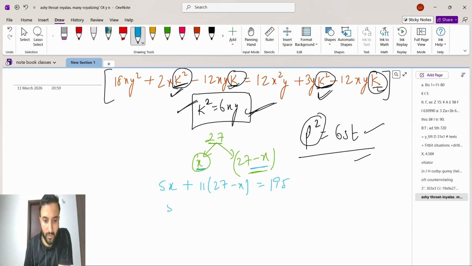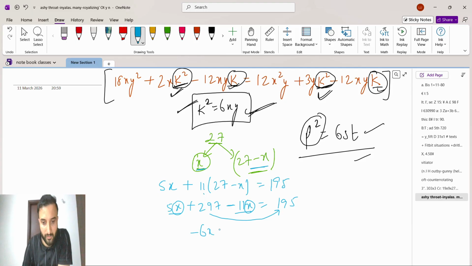Guys, we know how to solve this. 5x plus 11 into 27, we will get 297. So 5x plus 297 minus 11x equals 195. This 297 is a constant, so I will send the constant to the other side. 5x minus 11x: if you don't know, take out the calculator, do 5 minus 11, you will get minus 6x.